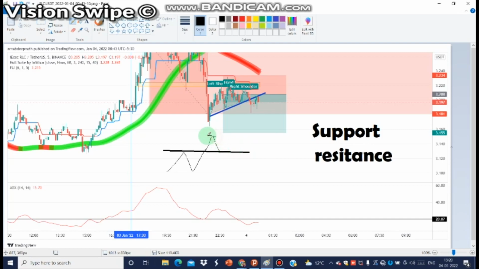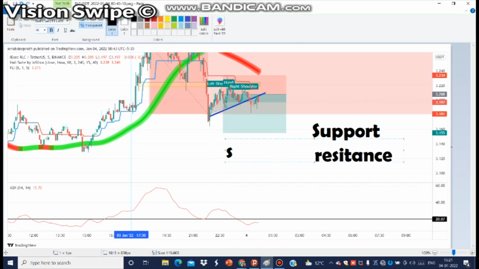This confirmation phase is known as a retest. So it has gone up, broken this resistance, then come down and confirmed it as support. Then once there is a bullish sign here, we can surely say that this is a sure shot buy position. Now, support and resistance are of two types.